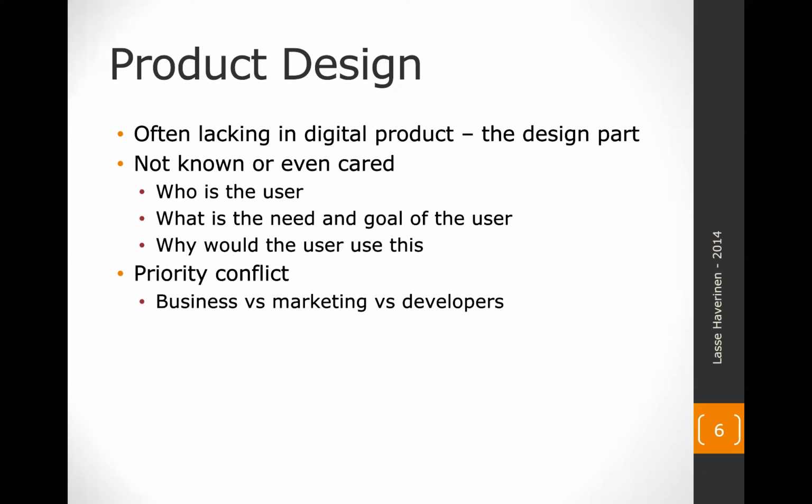If you think about how companies work, there are typically people in three broad categories: the business people, the marketing people, and the developers. Business people care about how we make money with this product. What are our expenses in creating the product, and what is our income?